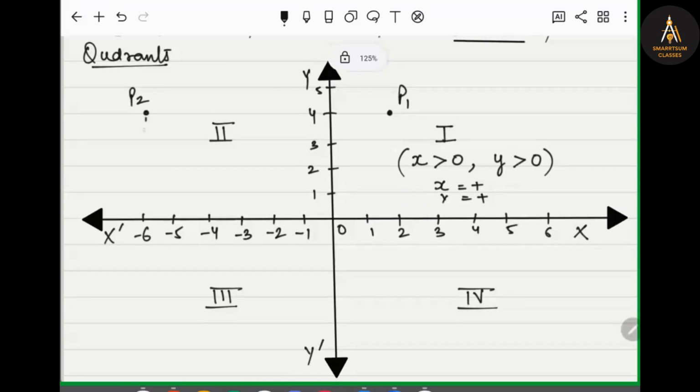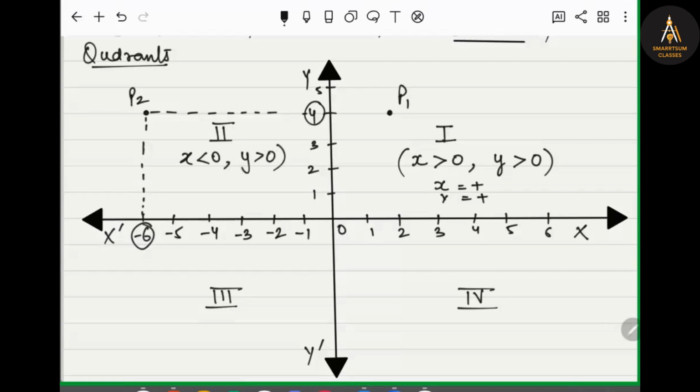If you draw a perpendicular on the x-axis, you will find the value of x is negative, whereas the y coordinate is positive. So x is less than 0, but y is greater than 0.